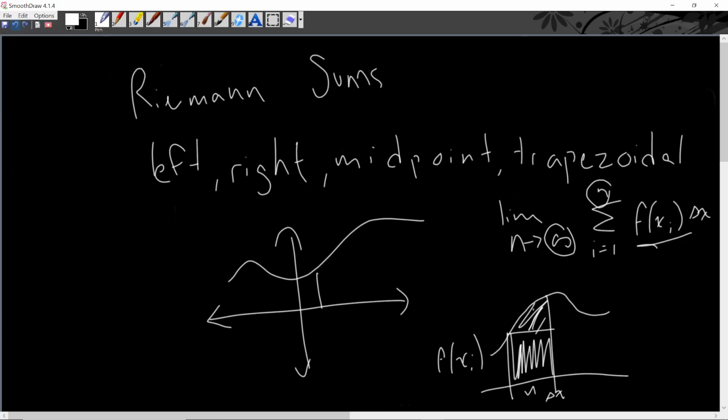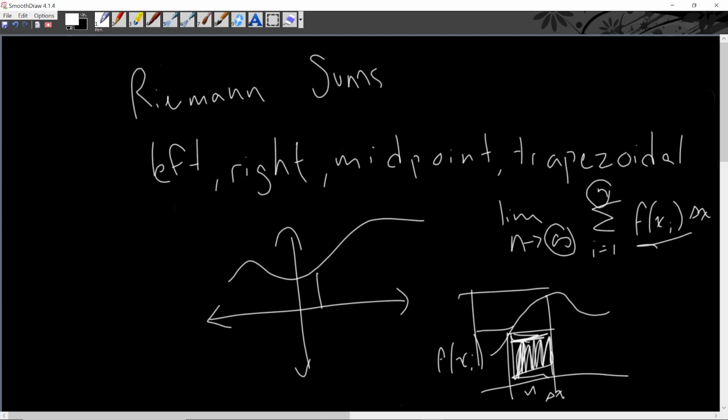So let's write it out. This is some rectangle, right? And this is f of x i. But if we are doing a left Riemann sum, so I'll just stop being coy and say it outright, Riemann sums are just other slightly worse representations of definite integrals.